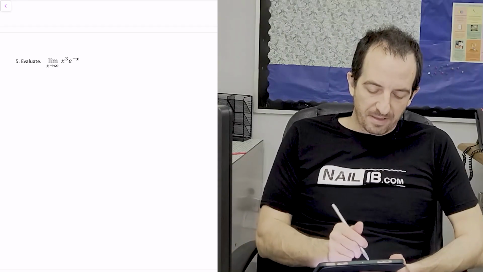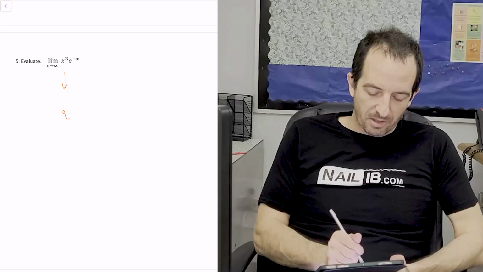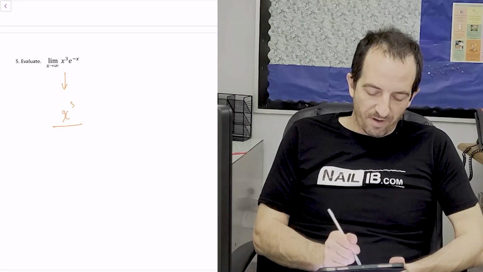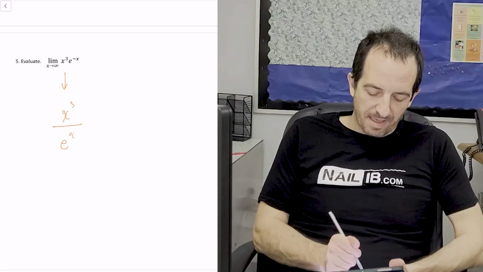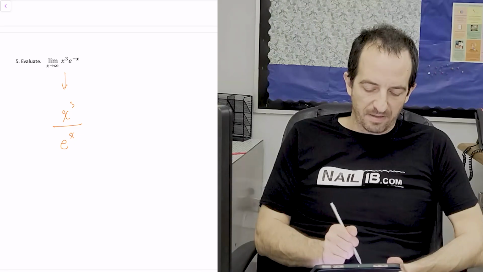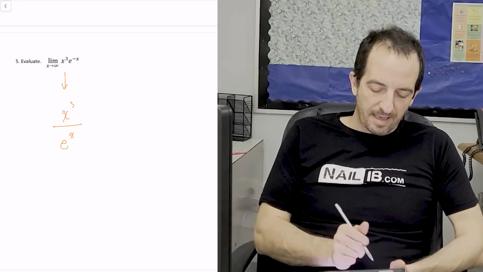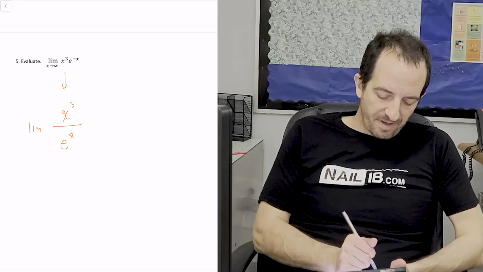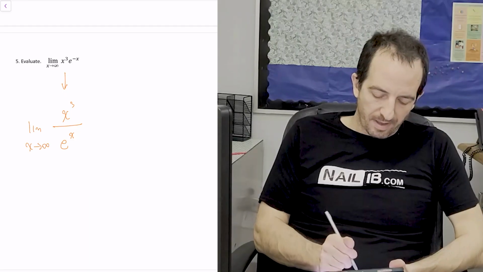So first off, I'm going to set this up as x cubed over e to the positive x. Those two things are equal. And now as x approaches infinity, what am I going to have?